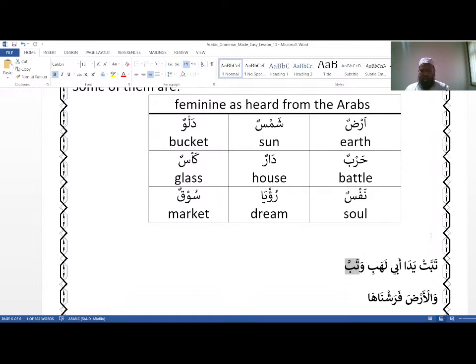Next, wal arda farashnaha. Ha is the muannas damir. Farasha is to lay or spread. And the earth, farashna, what siga is this? Fa'il al-Madi. Look for the fa'il, look for the maf'ul. Farashna, what siga is this? Out of all 14 sigas, which one is this?